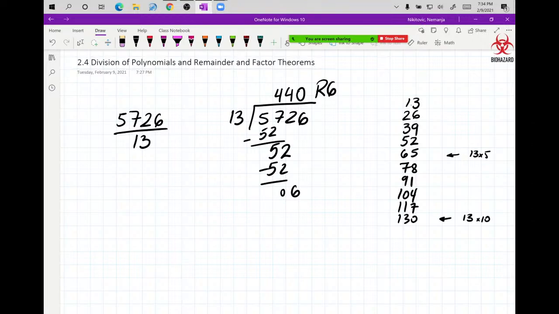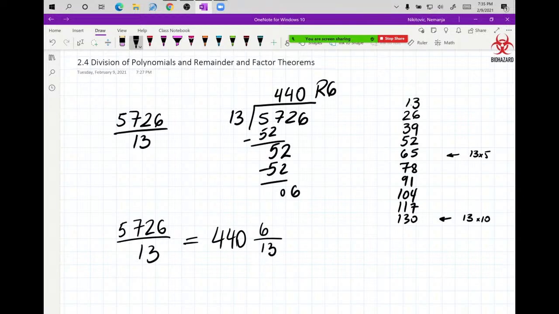But you can also put the R6, meaning the remainder of 6, and you can say that 5,726 divided by 13 is equal to 440, and then the remainder is 6 over 13. Right? That's the way to add this fraction at the end, which is 6 is the remainder, and then it can't divide by 13 anymore.